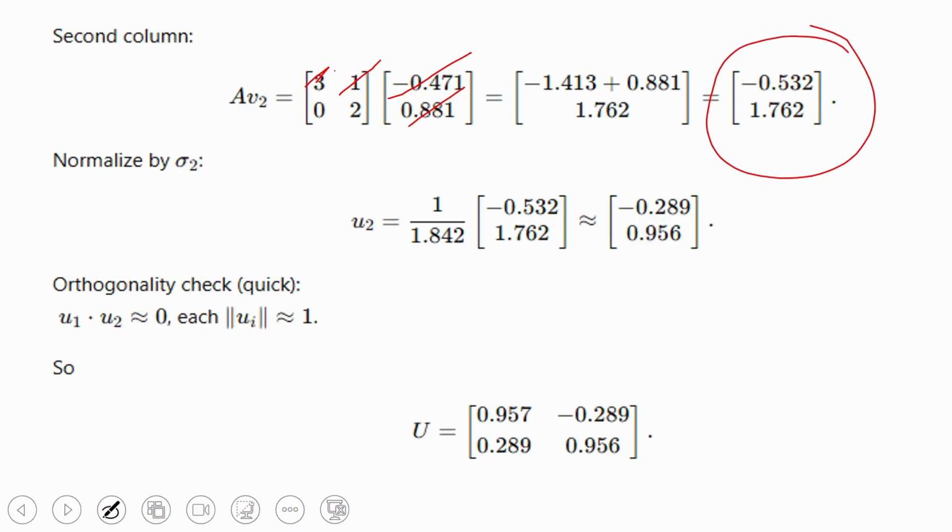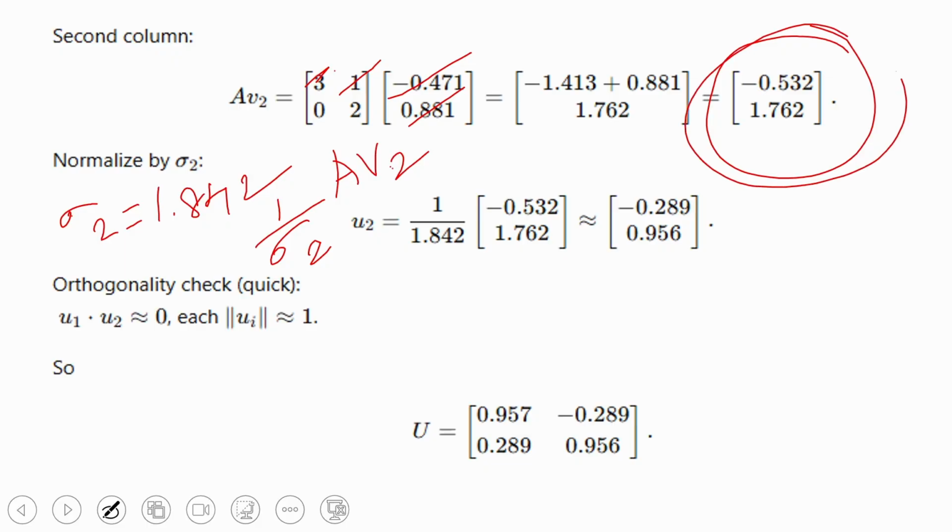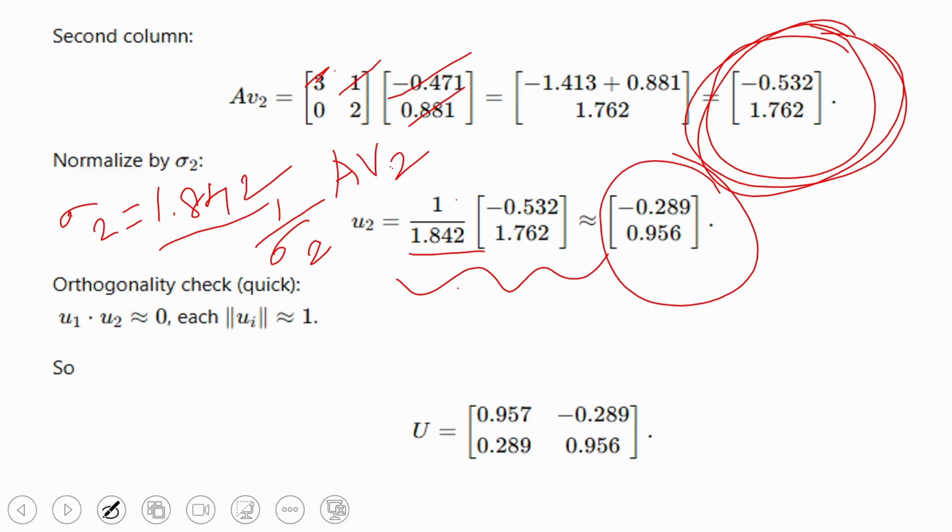Now again normalizing, sigma 2 equal to 1.842. Normalizing this, you will get 1 by sigma 2 into AV2. So AV2 is this one. 1 by sigma 2 is 1 by 1.842 into this matrix. Simplifying this, you will get this one.